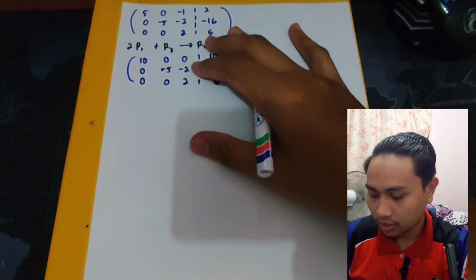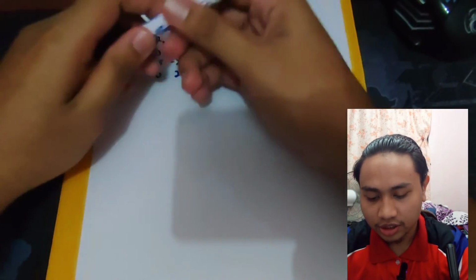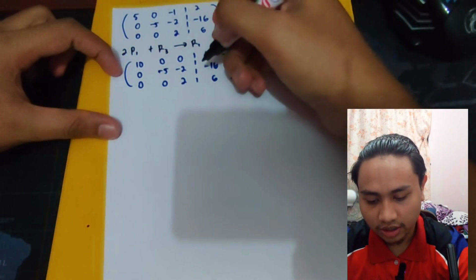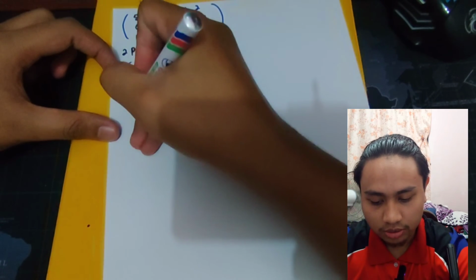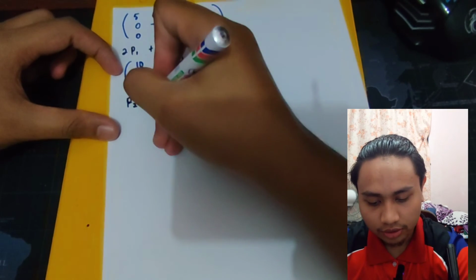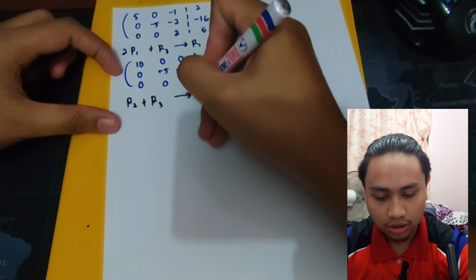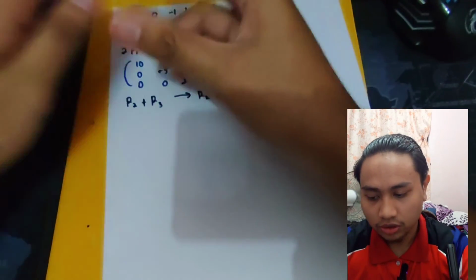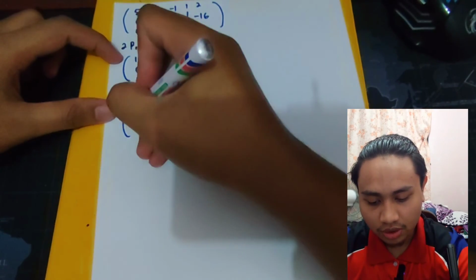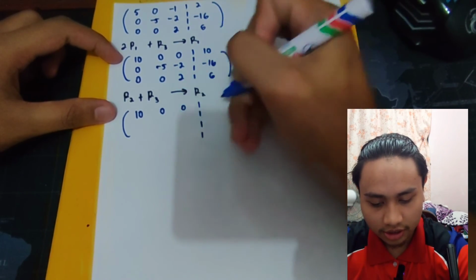Now here we need to make it 0, so we need to make another operation. So here we will do row 2 plus row 3 and write it as row 2. Let's see what we get. Bracket, row 1 still the same, no operation, just write it again.